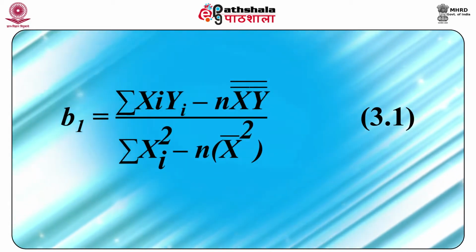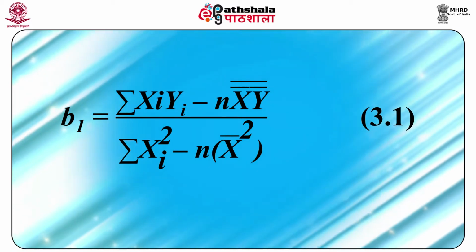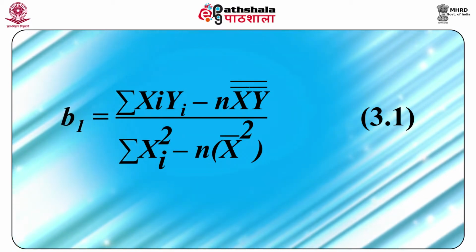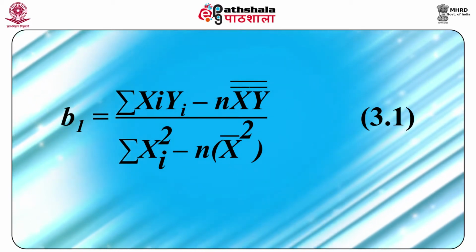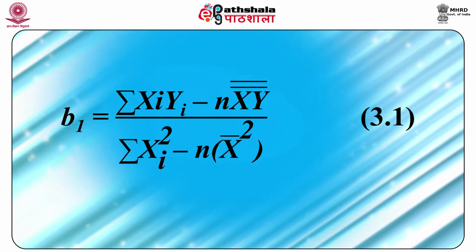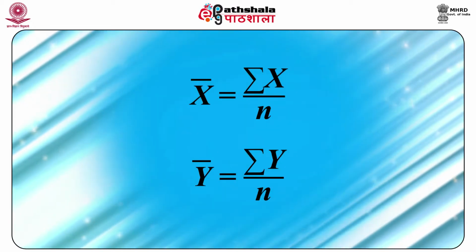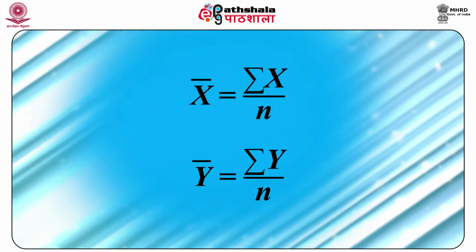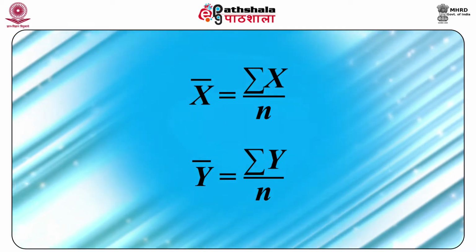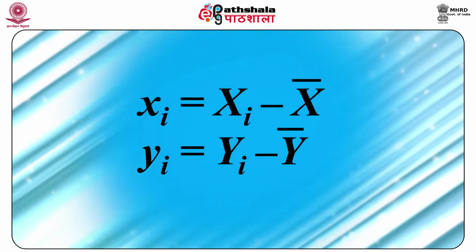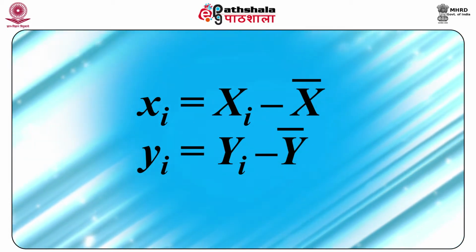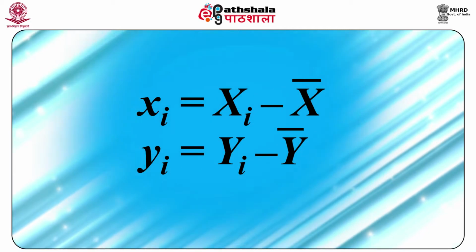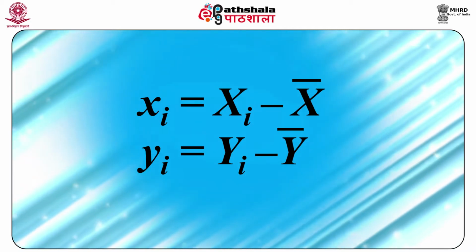Dividing throughout by n, we get b1 equal to sigma xi yi minus n x bar y bar upon sigma xi square minus n x bar whole square. This we can denote as 3.1, where x bar equal to sigma xi upon n and y bar equal to sigma yi by n. Also, small xi is equal to capital Xi minus x bar, and similarly small yi is equal to capital Yi minus y bar.